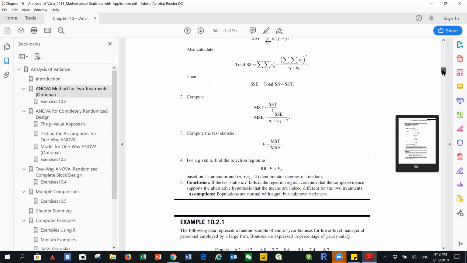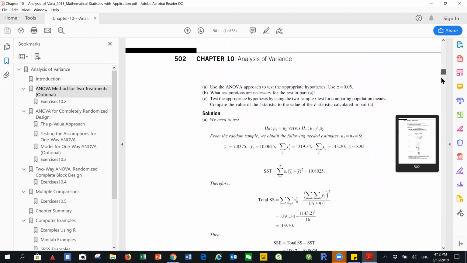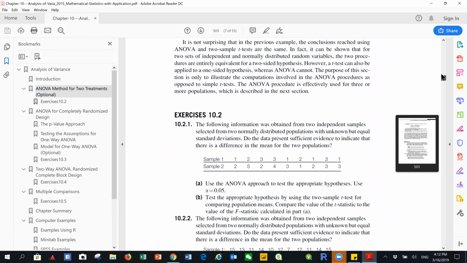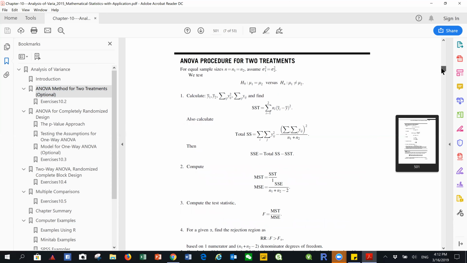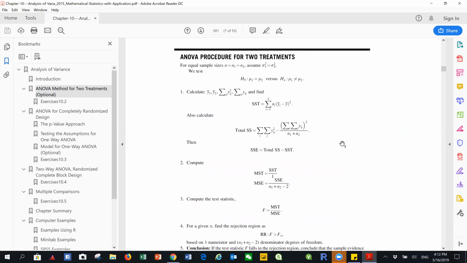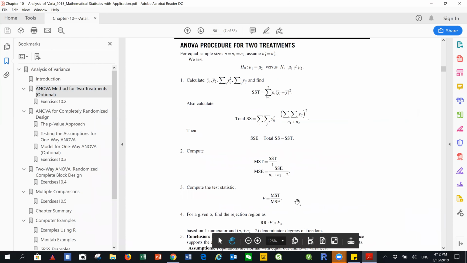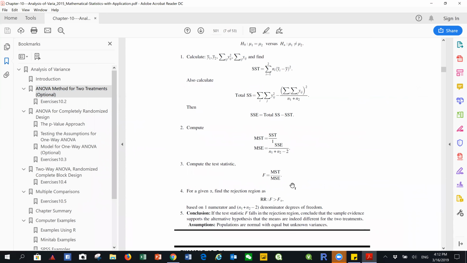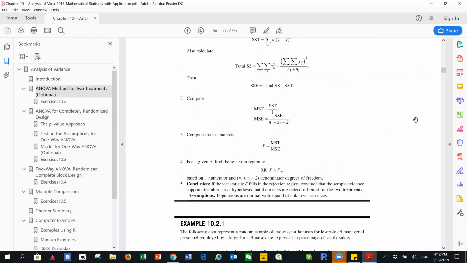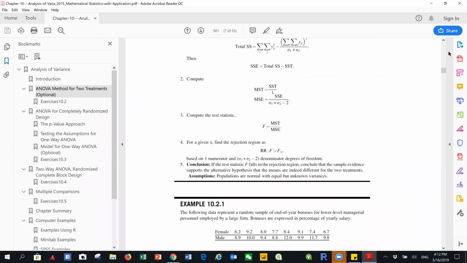You can follow this example and see that although it used F, the result should be the same as described there.